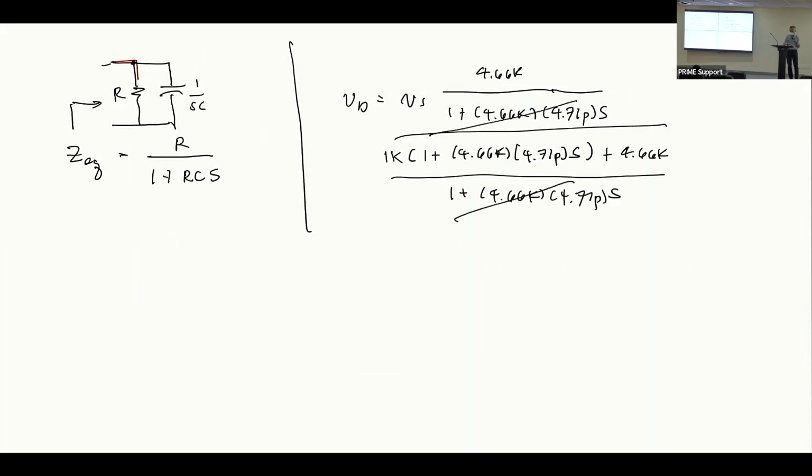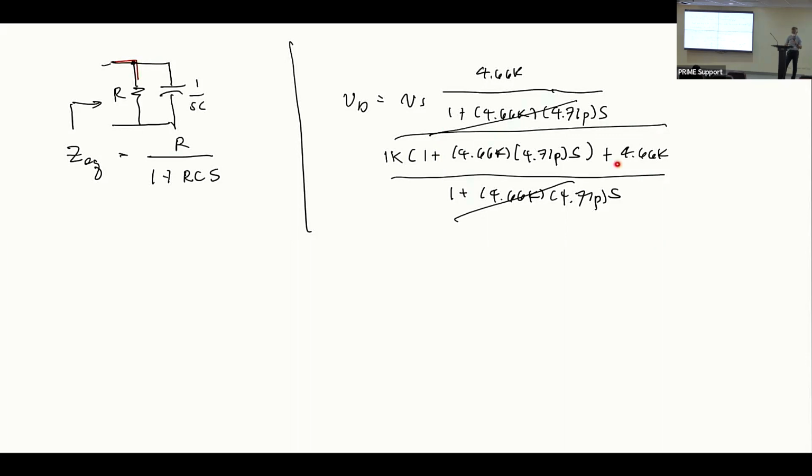Okay. And then I simplify this. I multiply my 1K into this quantity. And then I can add 1K here to 4.66K. I'm going to get 5.66K. So I'm just going to end up with two terms in my denominator.